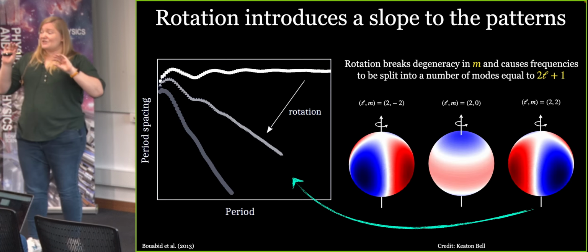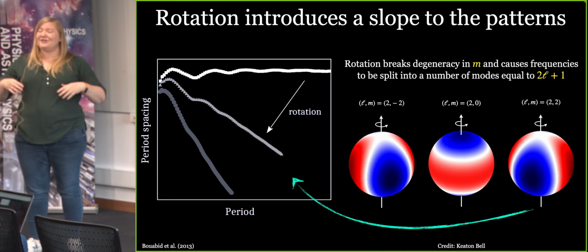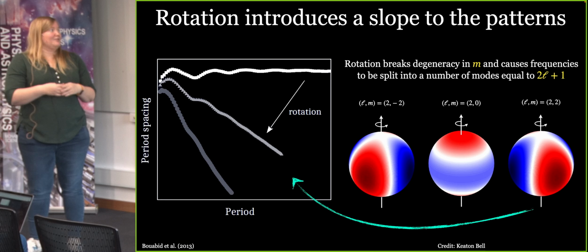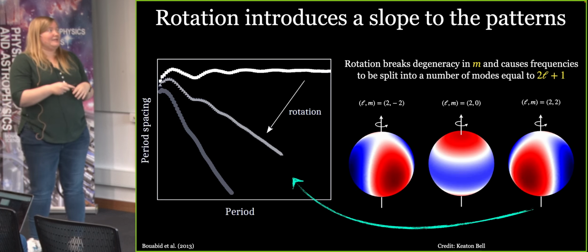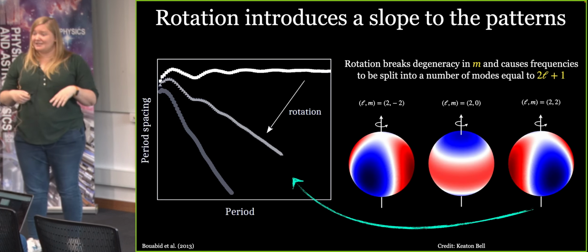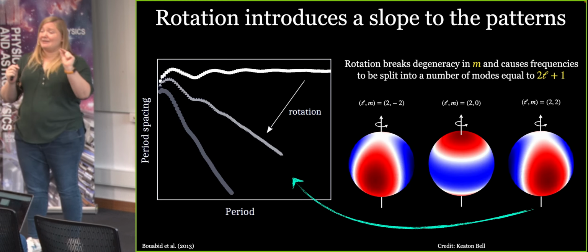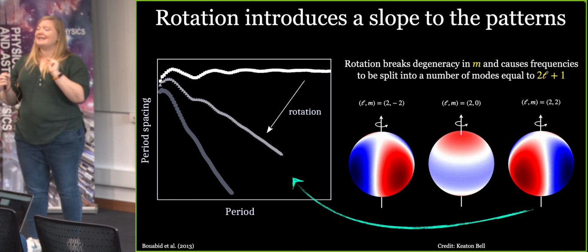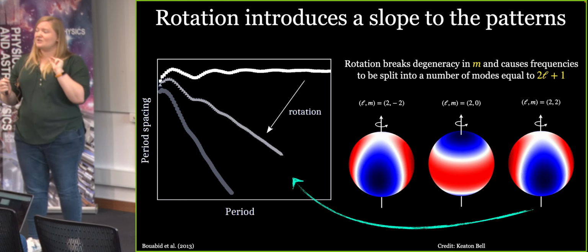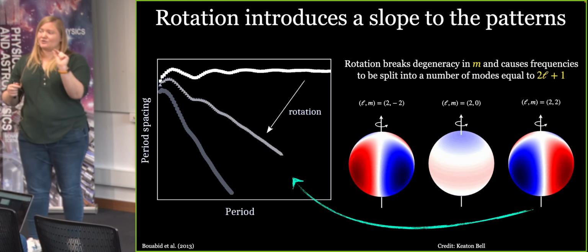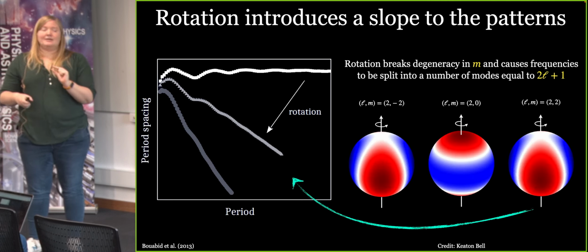So if the stars are rotating, we are lifting one of the degrees of freedom from having the M component to the oscillations. Effectively what is happening is that oscillations that are traveling in the same direction as the rotation will take less time to travel around the star compared to oscillations that travel in the opposite direction. All right?